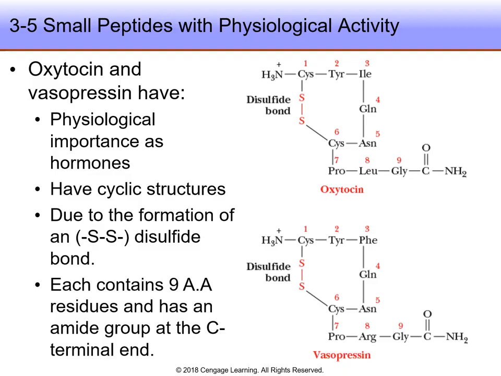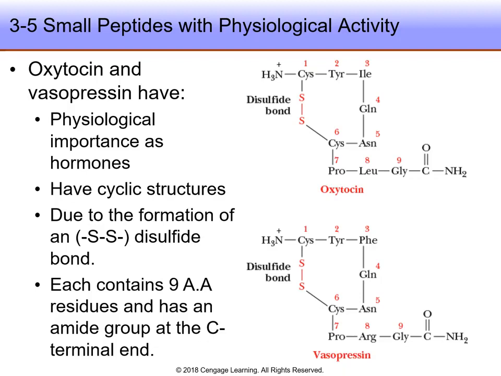Each of these peptides contains 9 amino acid residues. You can count from 1 to 9. So they should contain how many? 8 peptide bonds. Each has an amide group rather than a free carboxyl group at the C-terminal.